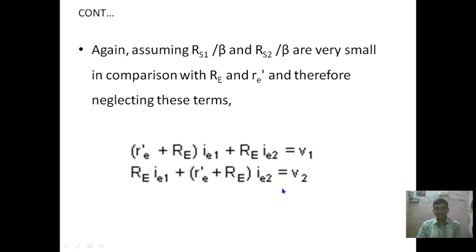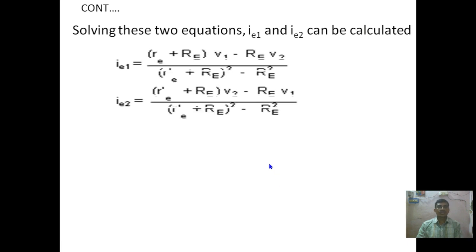So if you solve those two equations, we can get IE1 is equal to Re dash plus capital Re into V1 minus Re V2 divided by Re dash plus Re whole square minus Re square, and IE2 as Re dash plus Re into V2 minus Re V1 divided by Re dash plus Re whole square minus Re square. So in this, the denominators are same.